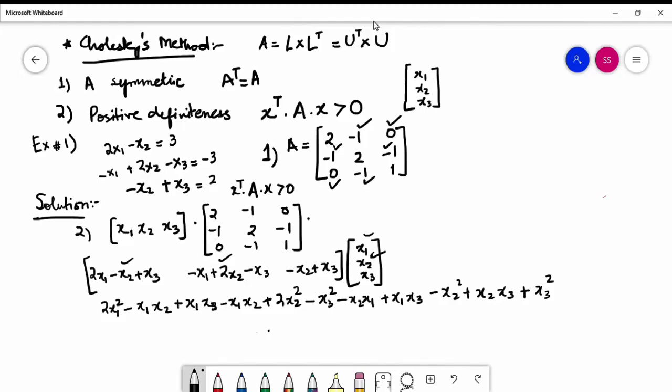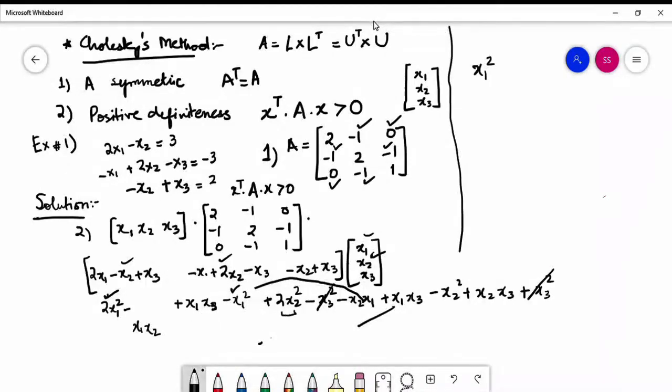So I solve it and take the values, and you can see that this value becomes 2x2 square minus x2 square, so that makes it plus x2 square, and x2 and x3. There is another x2 and x3. So I select this.